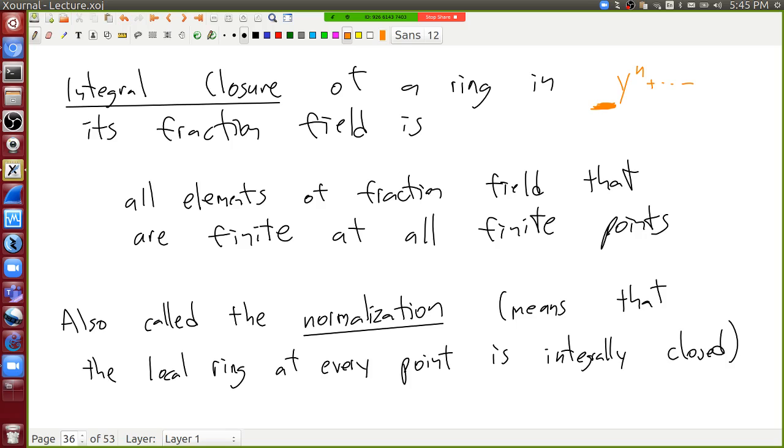If that's the case, then all of our polynomials are finite at all of our finite points, because all of our roots are finite. We don't have anything flying off to infinity, no poles. But there are going to be some rational functions, algebraic functions, with non-trivial denominators that are actually finite.